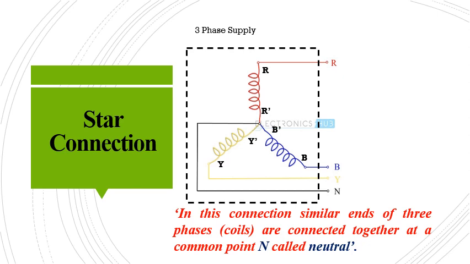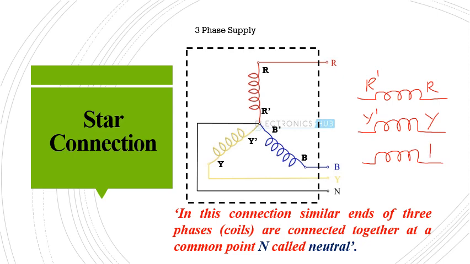And one more structure for the star connection can be drawn like this. This is the coil of the first phase, so I am denoting it as R, R dash. Then the coil of the second phase, I am denoting it as Y, Y dash. Then the third phase, that is B, B dash.